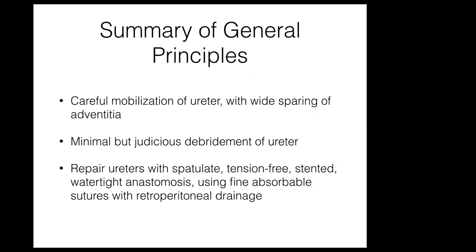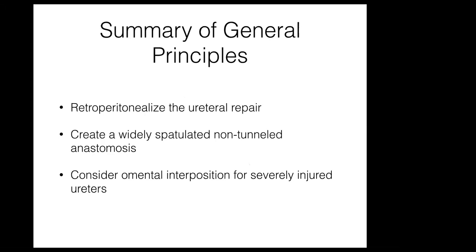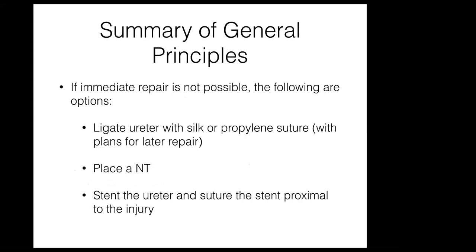Third is to repair ureters with spatulated, tension-free, stented, and watertight anastomosis using fine absorbable sutures with retroperitoneal drainage. Fourth is to retroperitonealize the ureteral repair. Fifth is to create a widely spatulated, non-tunneled anastomosis. Sixth is to consider omental interposition for severely injured ureters.